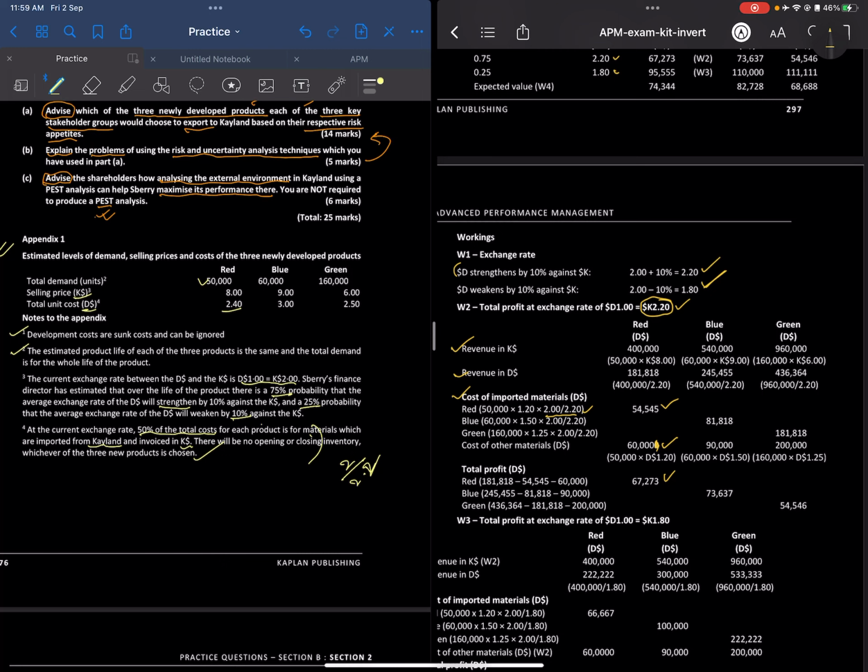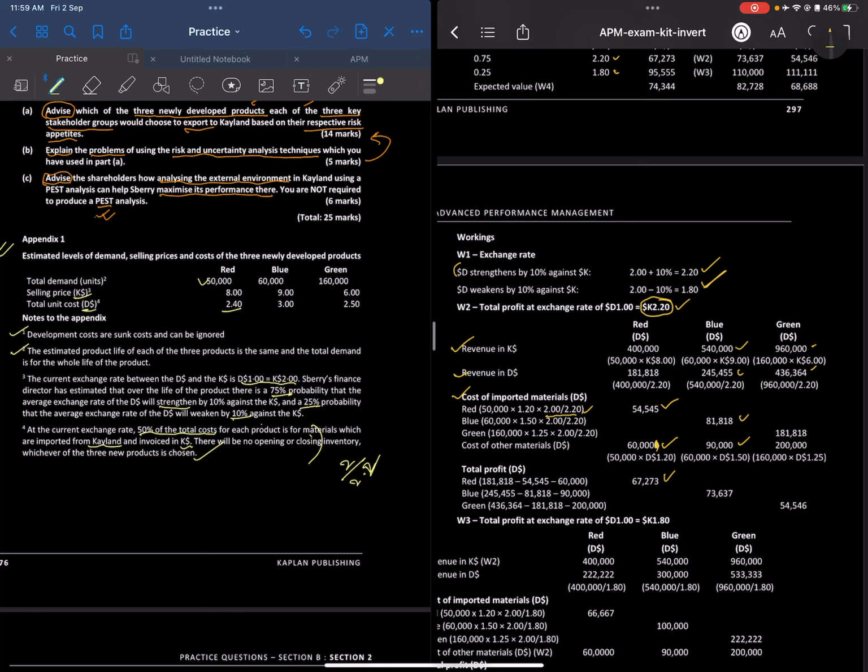And for blue, same thing: revenue in Kland, revenue in your local currency. For green, same thing. The only difference will be when you're calculating your costs. So 1.5 will be in your local currency, and 1.5 will be in your external currency.